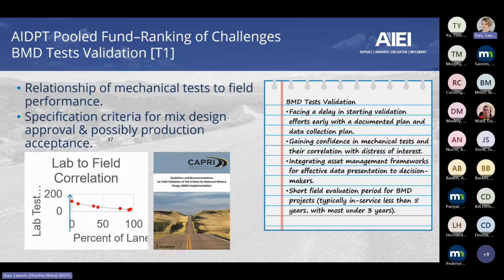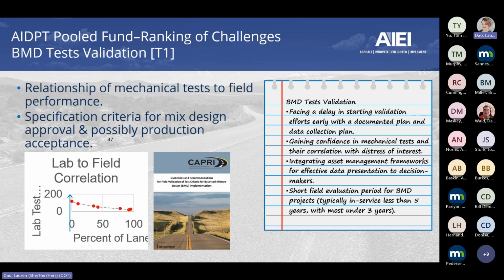So what is the BMD test validation? Test validation means that your tests correlate with the field performance. In other words, before I implement my balanced mix design test, I want to make sure that the test is telling me what it's supposed to tell me in terms of field performance. There's a strong correlation. That is going to require some test sections, right?